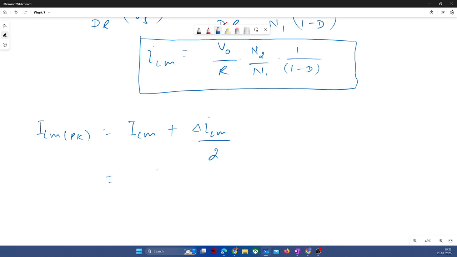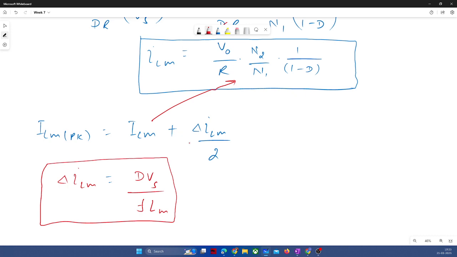ILM you just computed, and del ILM you can compute anytime as Vs D by f Lm. Just see, del ILM by dt I am writing as del ILM by D by f, and when the switch was on, the voltage across the magnetizing inductor is Vs and Lm is the inductance. So it is quite straightforward. You just plug in those equations and you will get it.